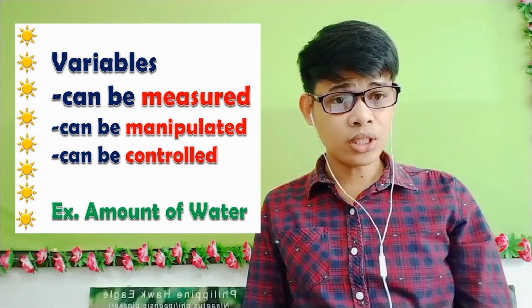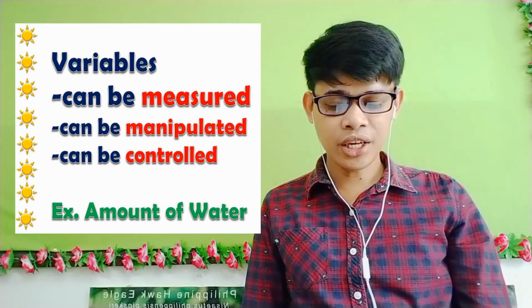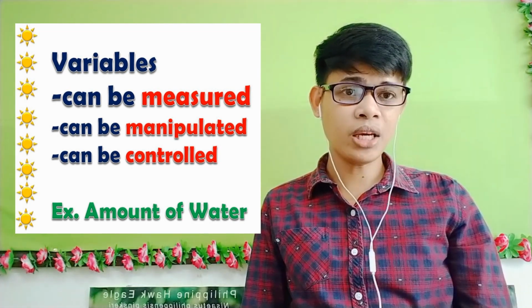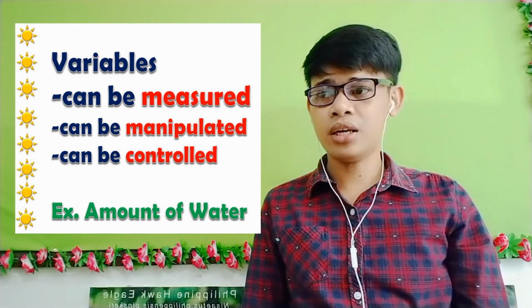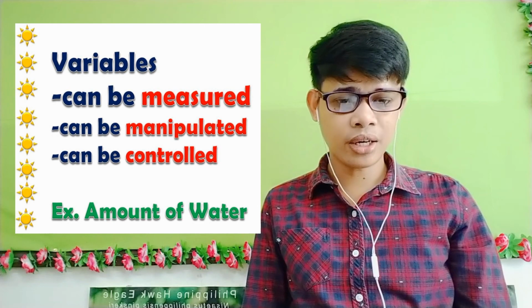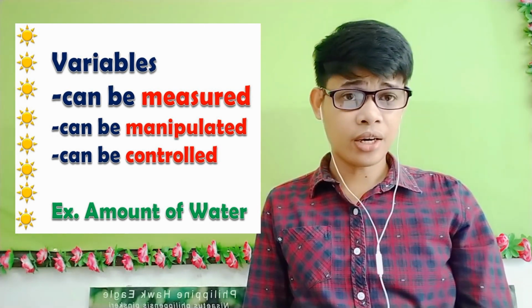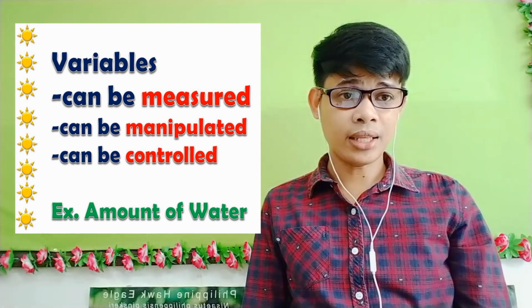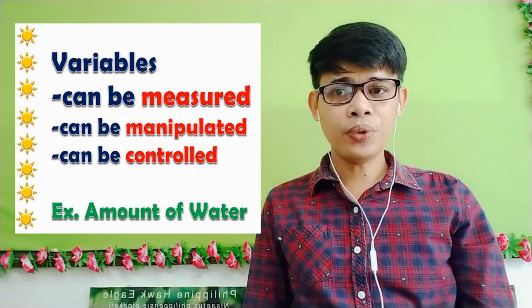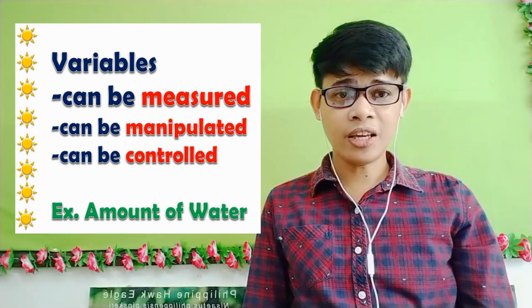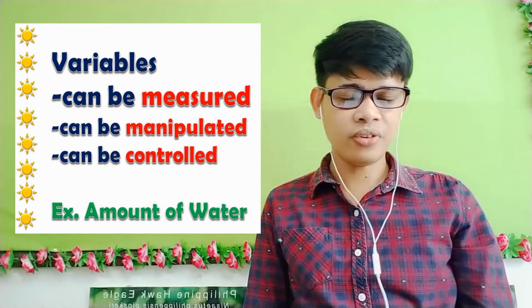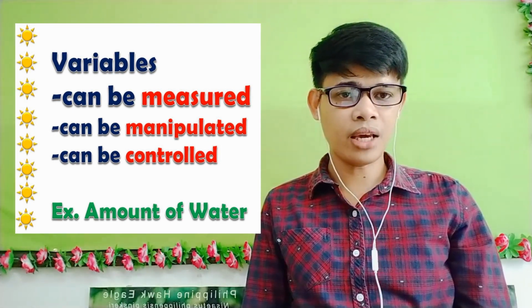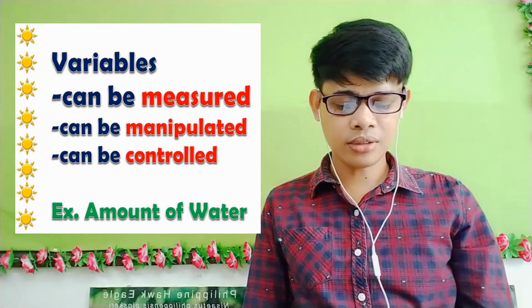The amount of water is considered here as a variable because it can be measured. You can measure that using a beaker, a graduated cylinder, or other measuring tools. And it can be manipulated, meaning to say you can change its amount. It could either be 50 ml, 100 ml, 70 ml, etc.